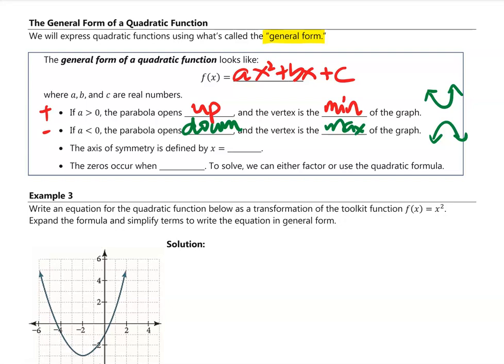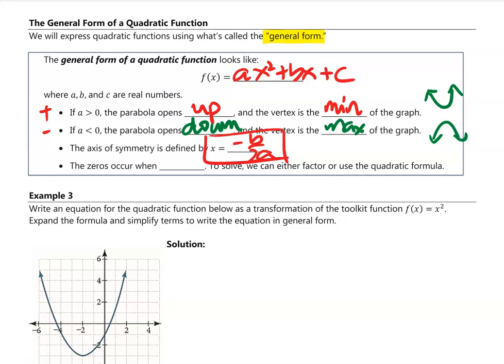And the axis of symmetry is defined by x equals, the easiest way to get it, negative b over 2a. Please remember this. From the general form, you have a, b, and c. So the axis of symmetry is negative b over 2a.